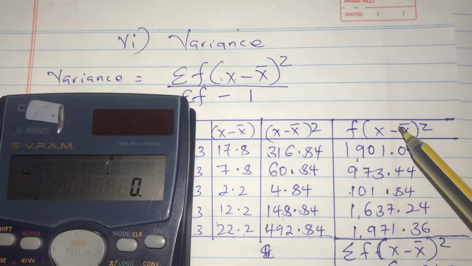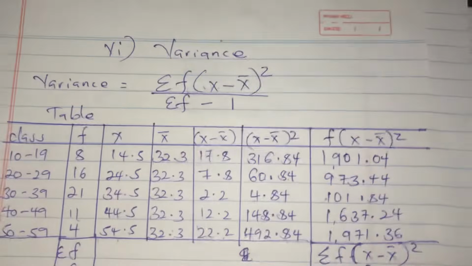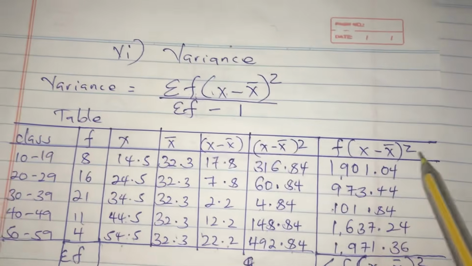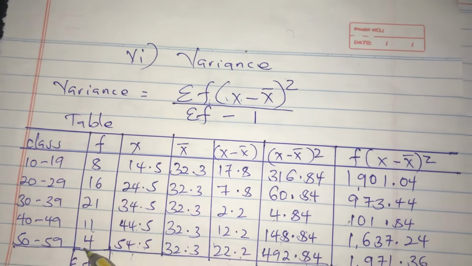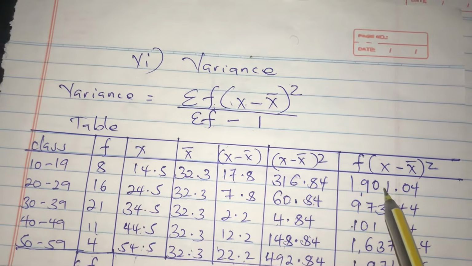Then the next column is f times x minus x bar squared. So we multiply this times the f to get this.